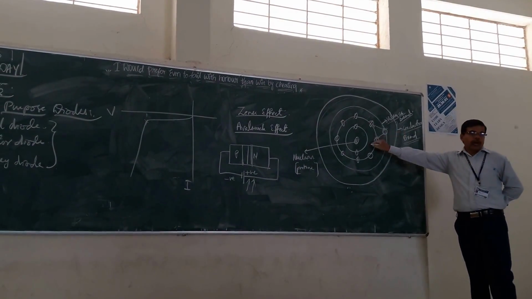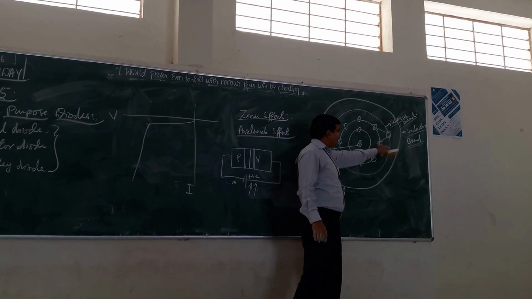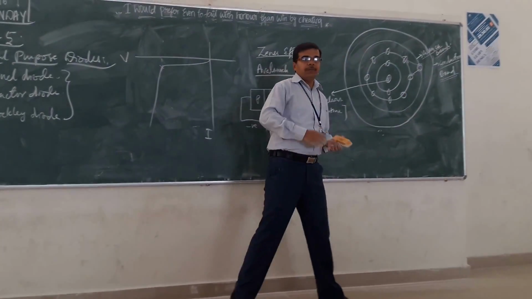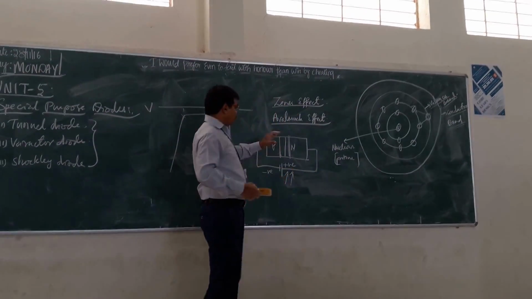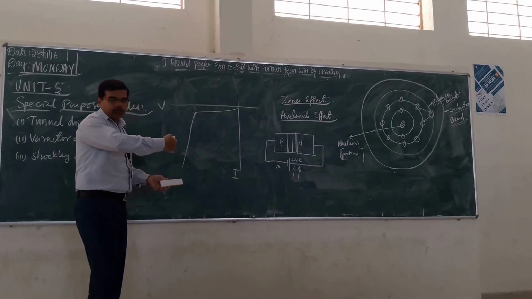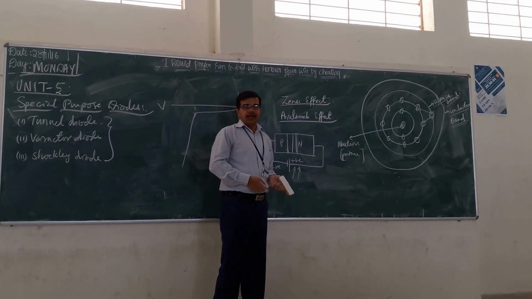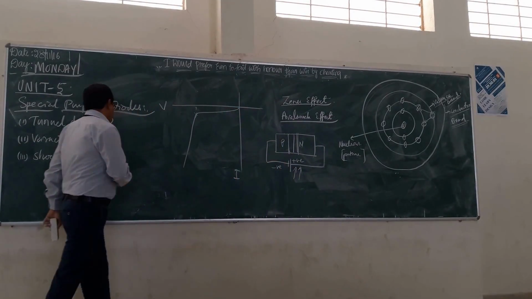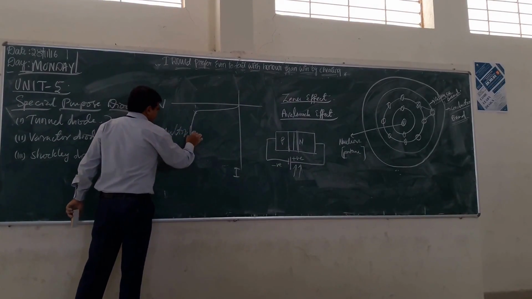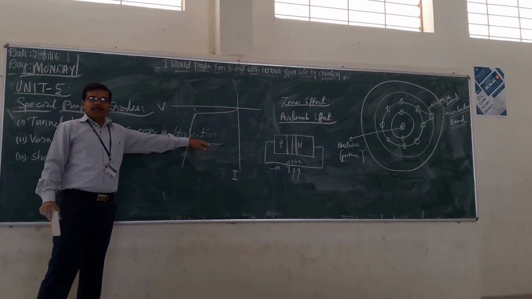Inside you have the same number of electron-hole pairs. Colliding with those electron-hole pairs, more and more electrons are generated. This is called carrier multiplication.